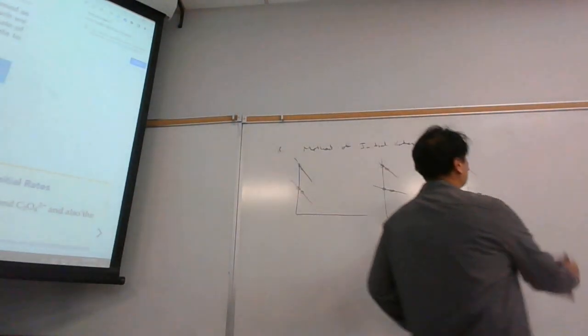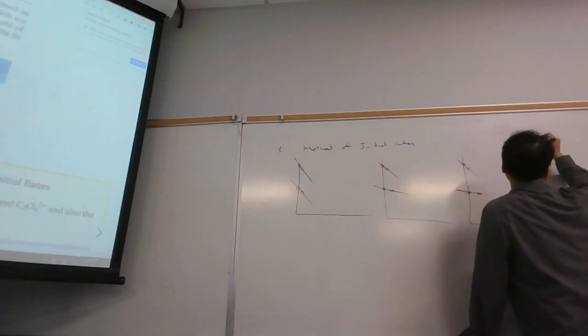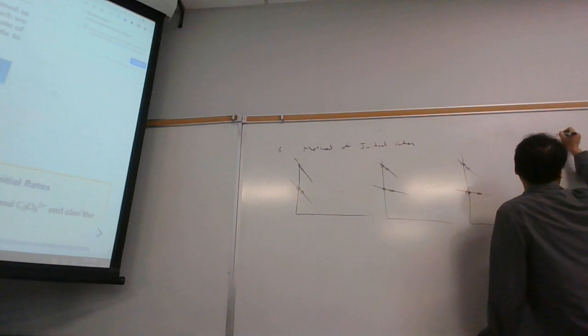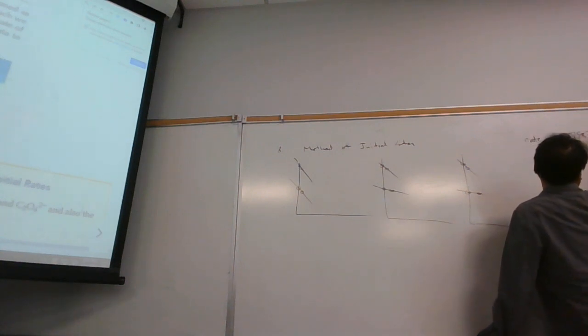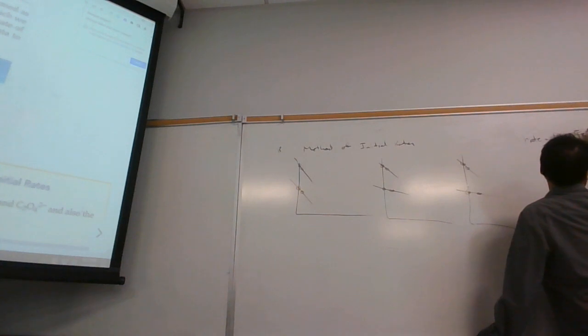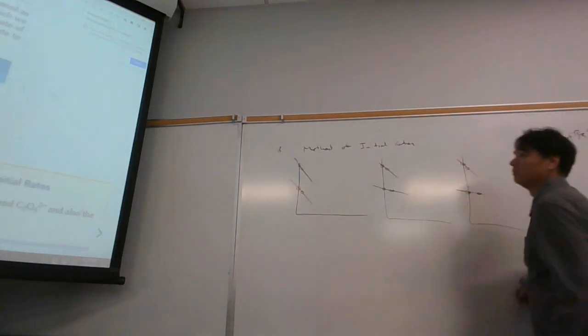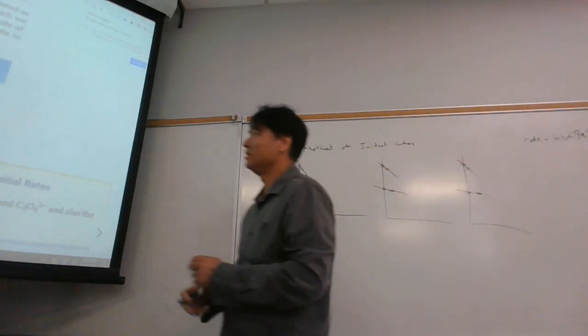We could do this in multivariable as well. Well, we kind of do it in single variable. So if we look at rate constant k, and species A, B, C, with orders M, N, O, etc., then this is what we do.